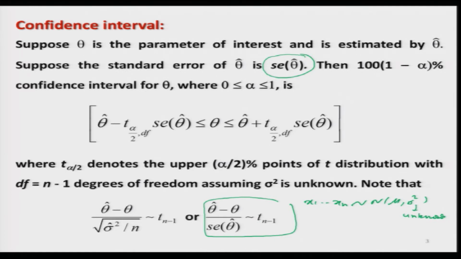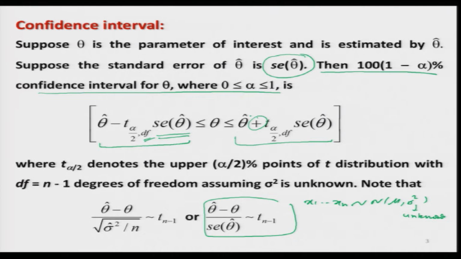So, that is what I am trying to write down here: if sigma square is unknown to us, then the 100(1 minus alpha)% confidence interval for theta, for alpha lying between 0 and 1, is given by this interval, where the lower limit is theta hat minus the critical value t alpha by 2 at the given degrees of freedom, say df in general, into standard error of theta hat, and the upper limit is given by the same quantity with a positive sign.